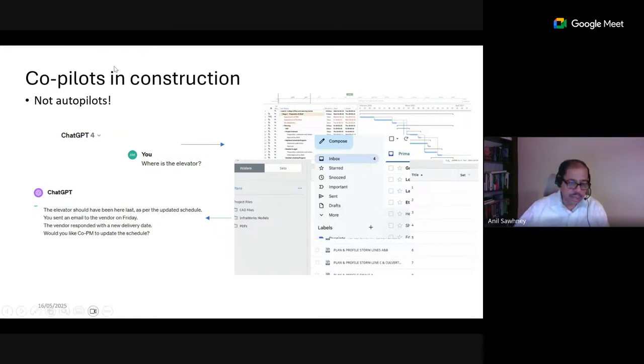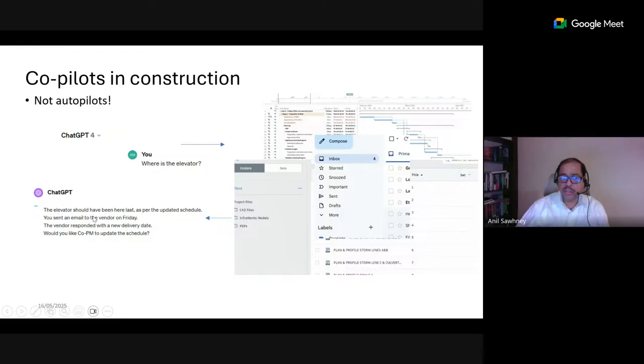So the AI tool goes, searches for drawings, BIM models, looks at Microsoft project schedule, looks at your emails, looks at WhatsApp, whatever information you've allowed ChatGPT to access, it accesses, and then it comes back and reports that you have the elevator should have been here last week.